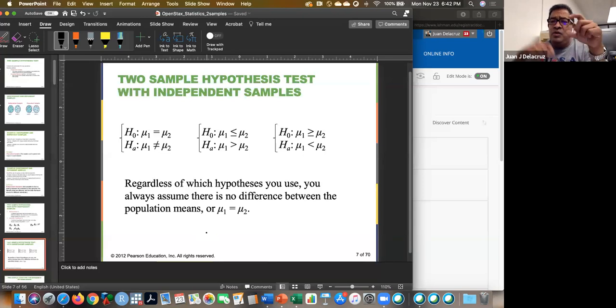If you remember, in a one sample hypothesis test we look at the difference between X bar and the constant, and then divide by the variability of my data, which is measured by the standard error, right? So I take the difference between the observed and the hypothesized, and then divide by the variability of my data.